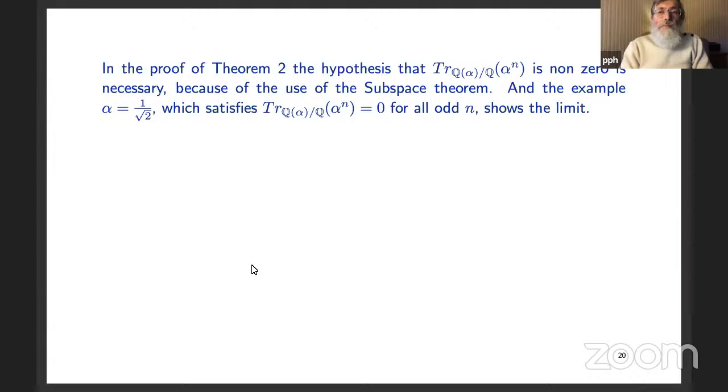But the example of the number alpha, which is 1 over square root of 2, which clearly satisfies that the trace is 0 for n odd, shows that if we don't put the hypothesis that the trace is not 0, alpha cannot be an integer.